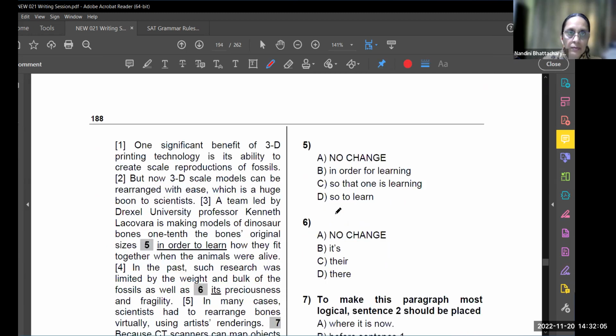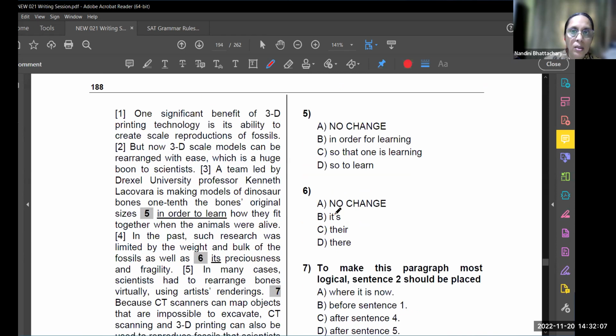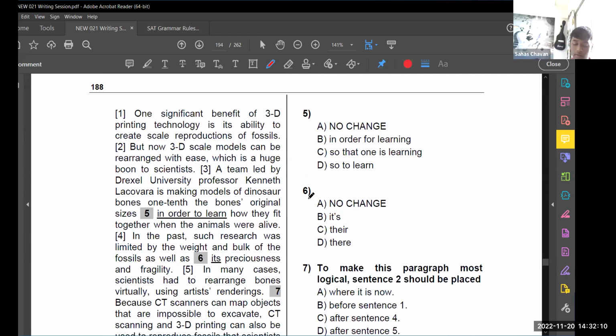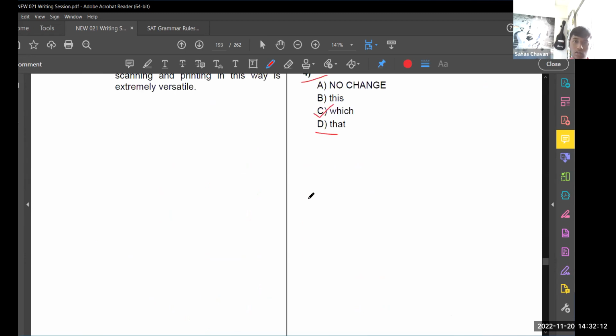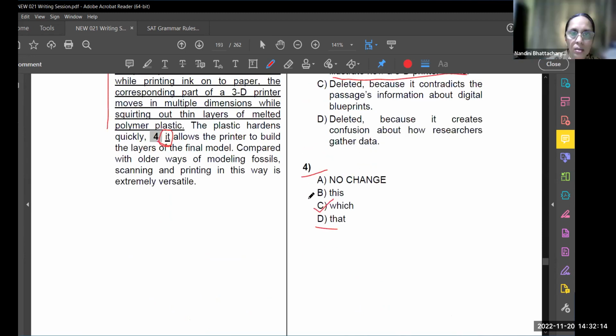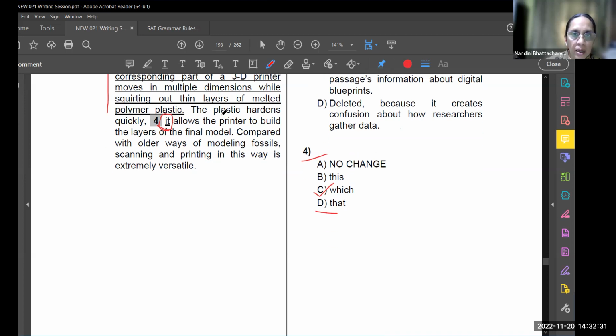Okay, coming to number 5. Ma'am, why can't it be this B? Okay, read the entire sentence with this. The plastic hardens quickly. This allows a printer to build the layers of the final model. Now we are talking about a process even before that, and the plastic hardens quickly, which allows would be a better option over here because it's already talking about the process.